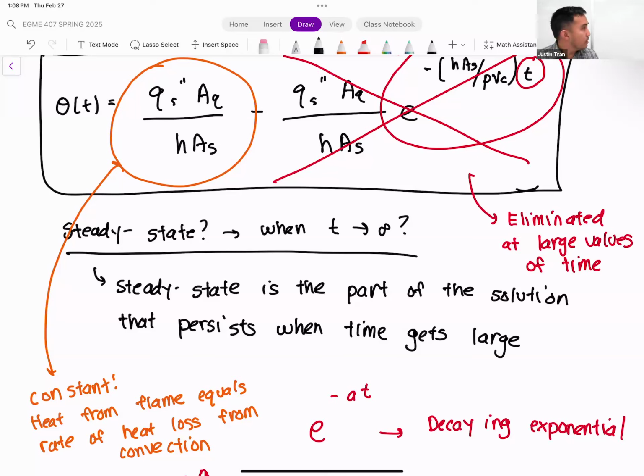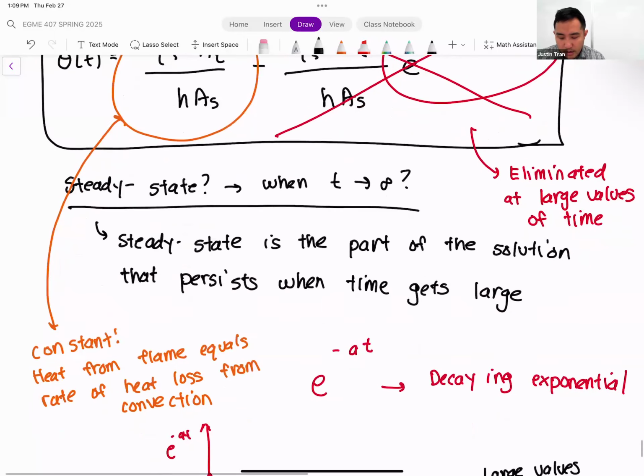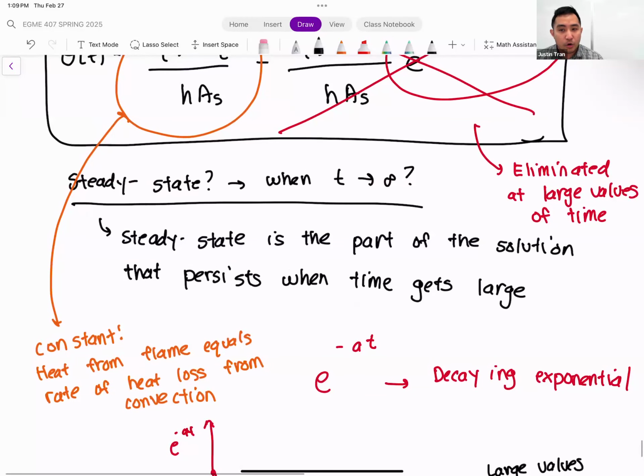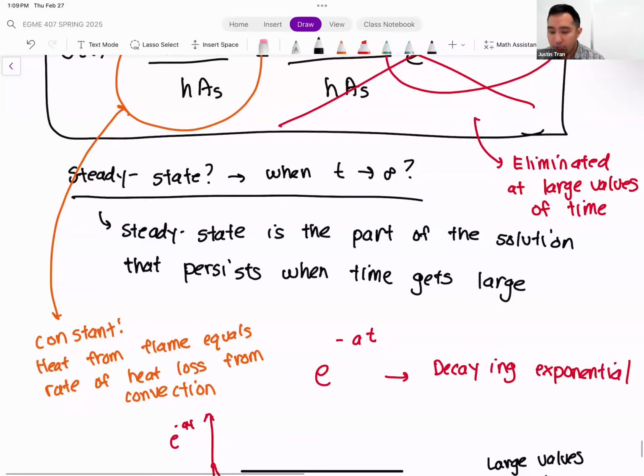Okay, good. On that same point, I did want to bring up an interesting situation, which is in the homework as well. What happens when you have an unsteady or transient heat conduction without convection?